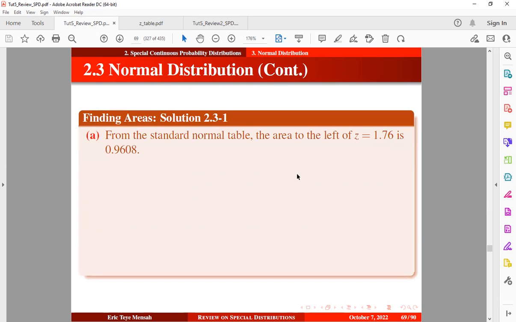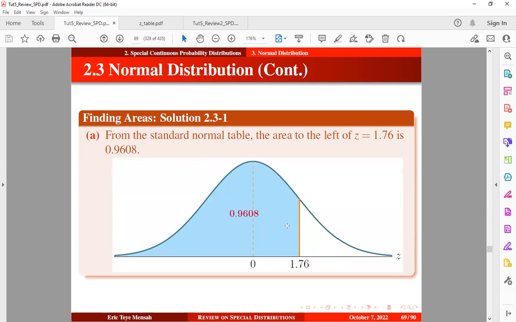From the standard normal table, the area to the left of Z equal to 1.76 is 0.9608. And this is how the curve will look like. The mean will be 0, so we have it at the right side. This is Z score 1.76, and the area to its left is 0.9608.